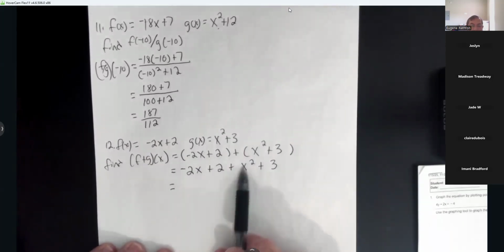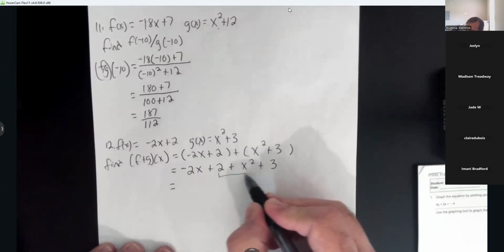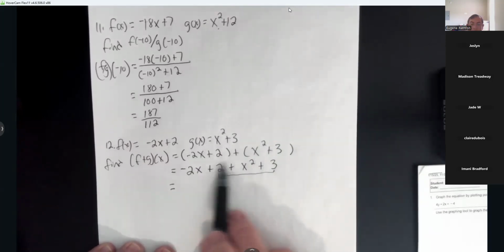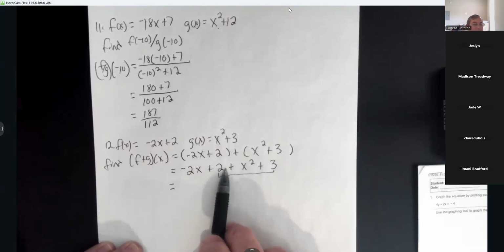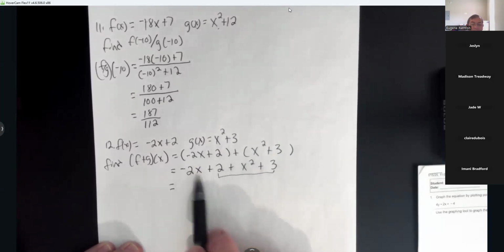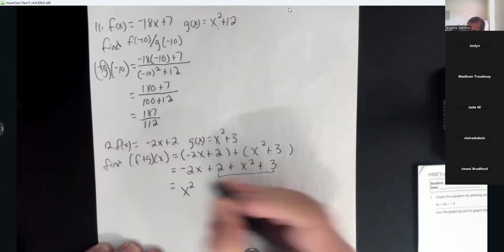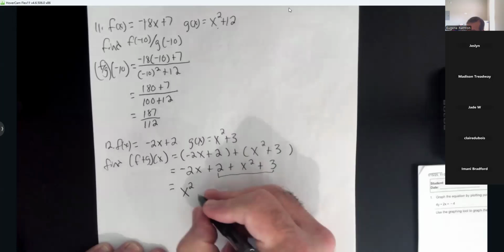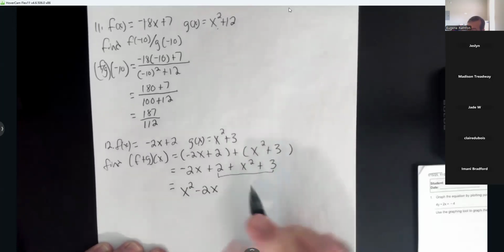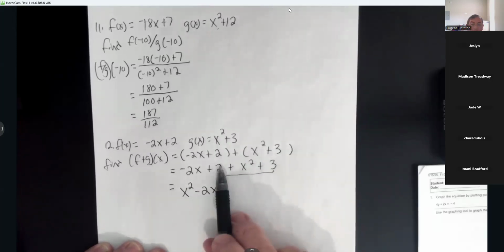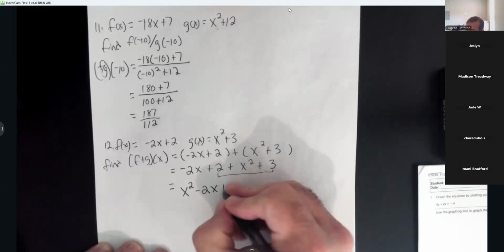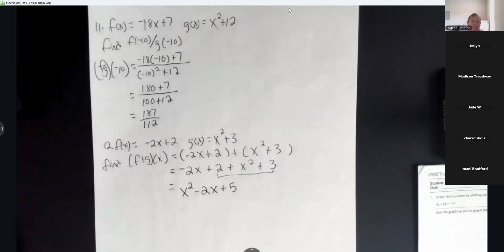And y'all, the only thing I can do is add those like terms, which is the 2 and the 3. But before I add them, I'm going to put this thing in descending order. So I want my x squared first. Then I want that negative 2x. Then I'm going to add the like terms, and 2 plus 3 gives us a 5.